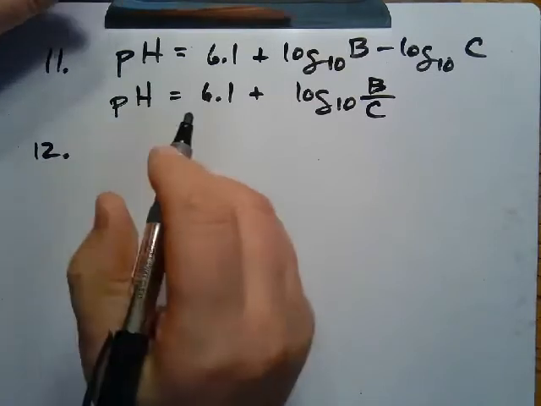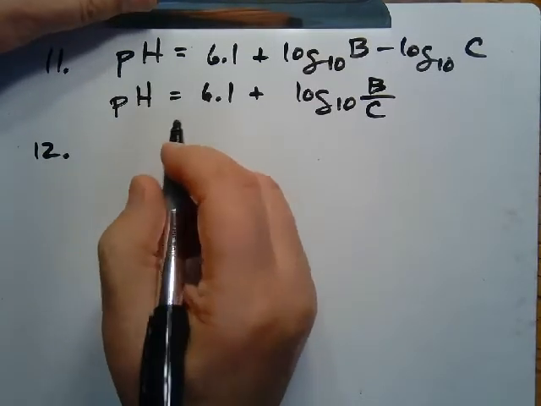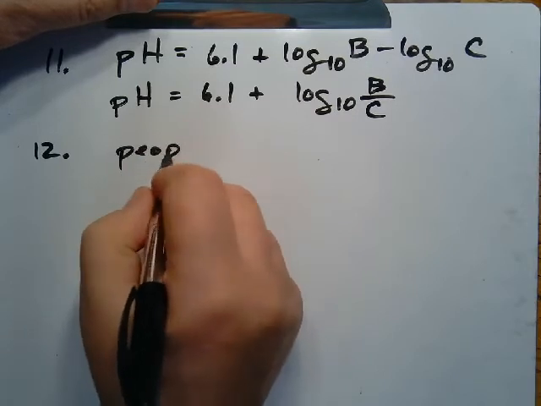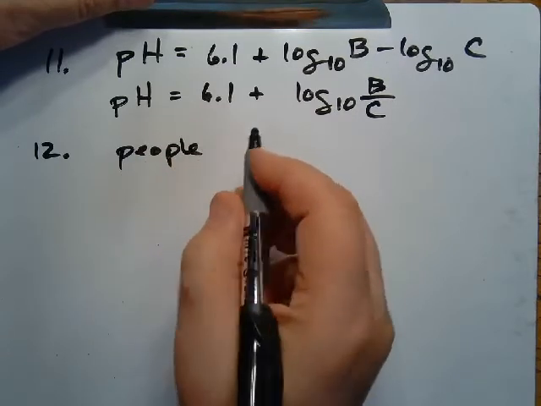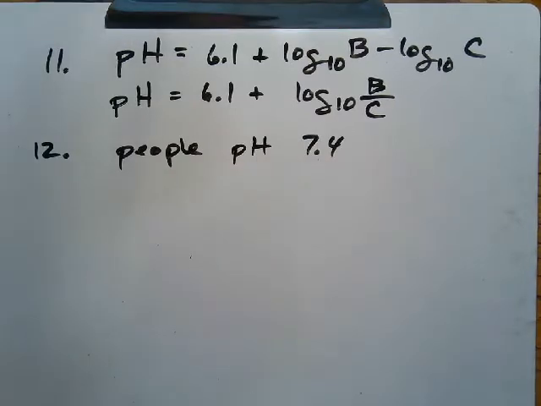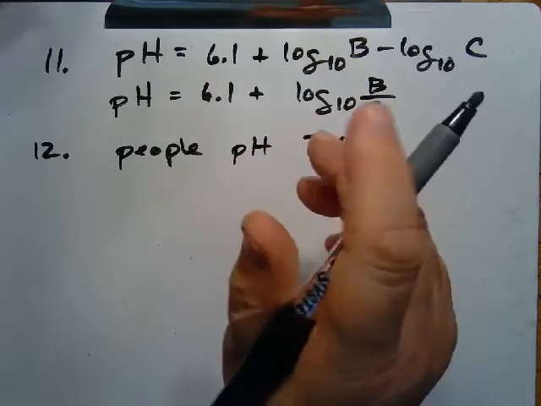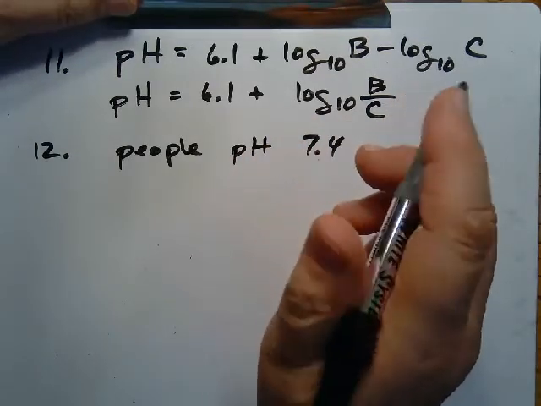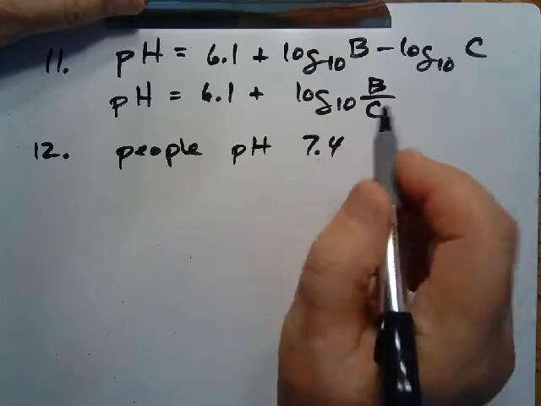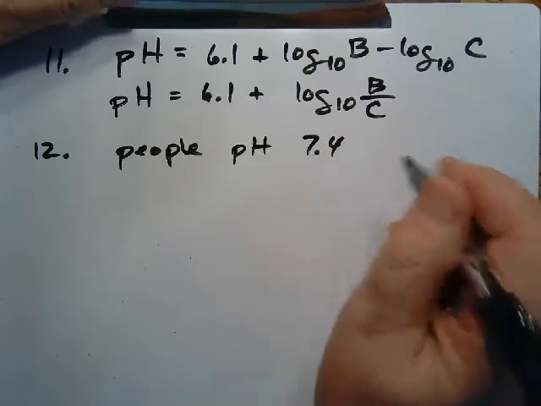Question number 12 goes a little farther and says that people have a blood pH of 7.4. Notice how close that is to the middle. It's pretty neutral. What they want us to find is the approximate ratio of bicarbonate to carbonic acid for blood with this pH.